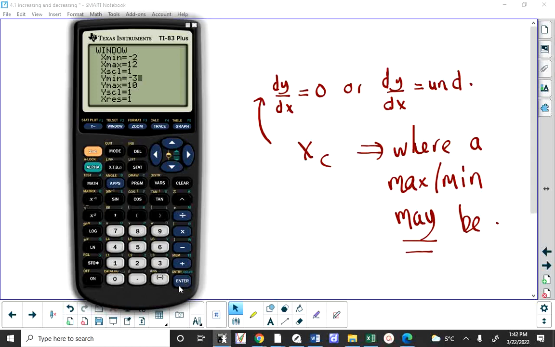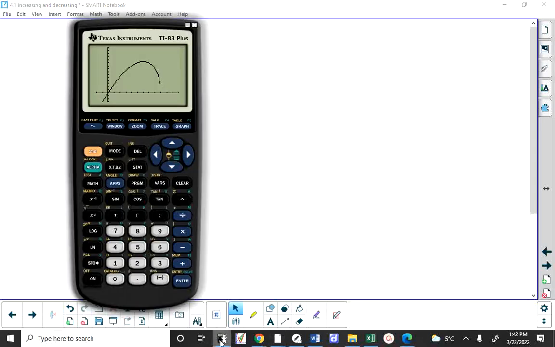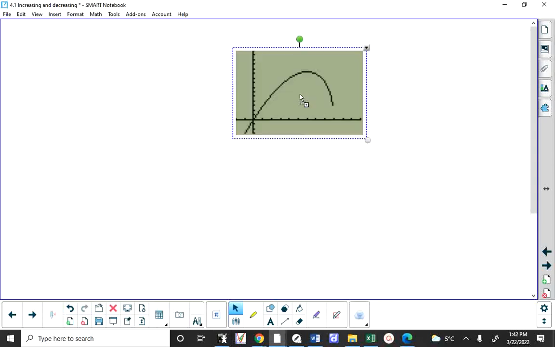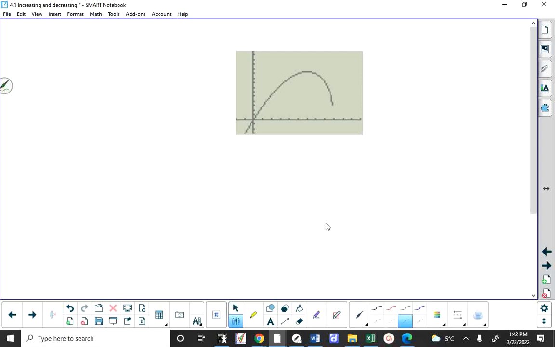Negative 3 to 15. And I don't know if you remember this, everybody, but in Math 30-1, when we graph logarithmic functions, I made a point of saying where functions get very steep, your graphing calculator kind of has a conniption fit. It doesn't know what to do. And it's having a really hard time plotting the points in this region here. But I will tell you right now that what the graph looks like is this.